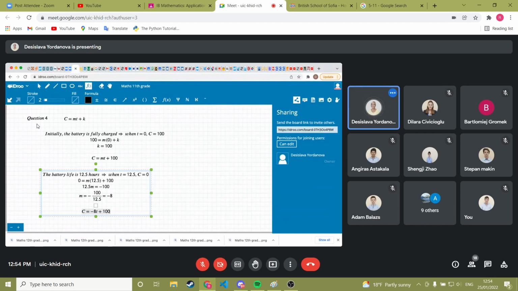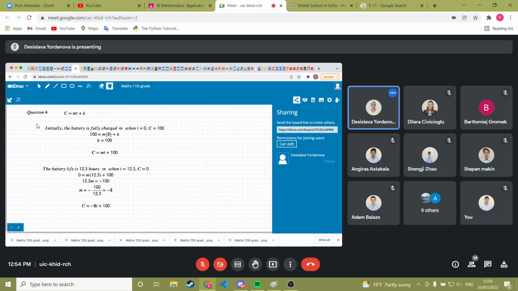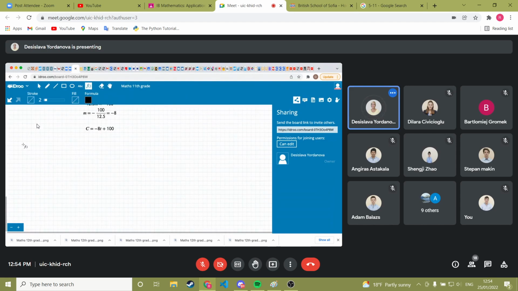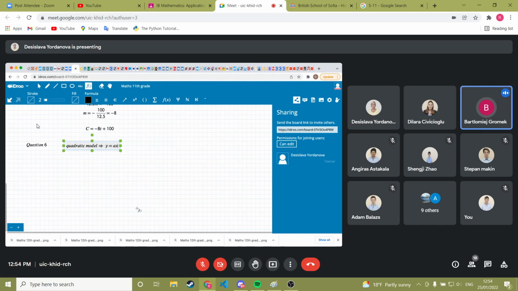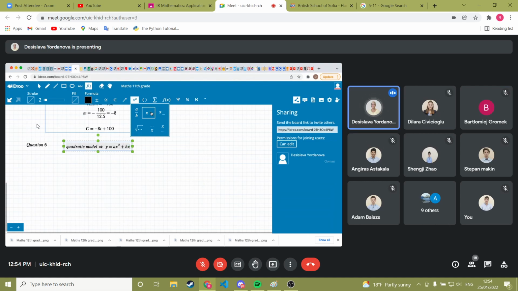So it is question 6. It is about a quadratic model, which means that the function looks how? What's the general equation of the quadratic model? It's ax squared plus bx plus c equals 0, miss. No, equals 0 is the equation.